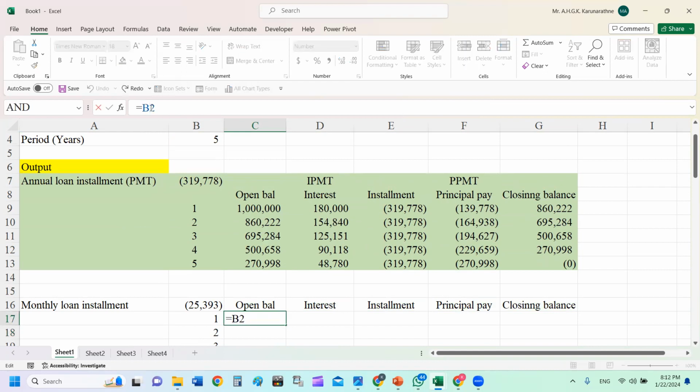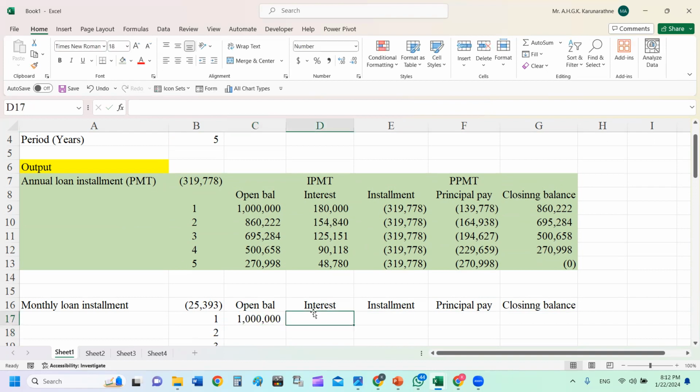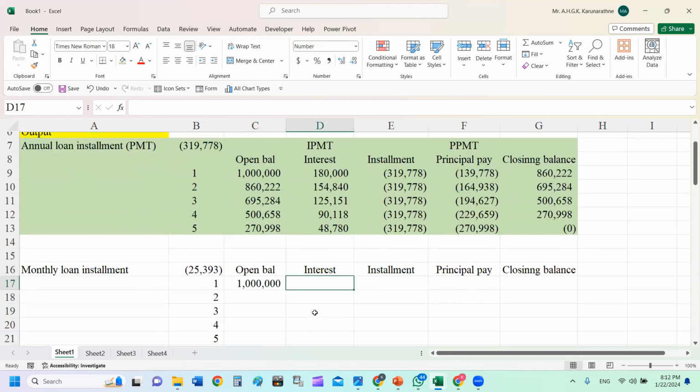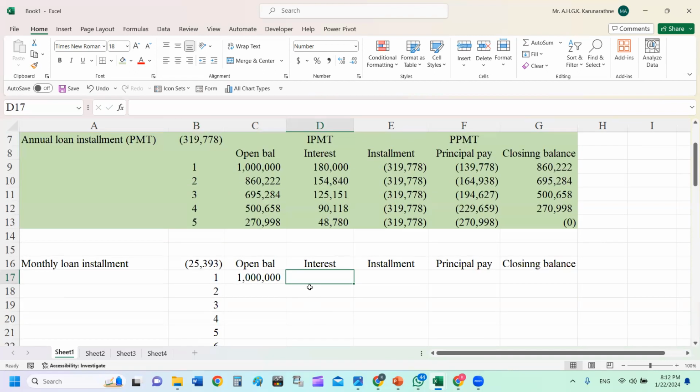Fix it, press F4. Right, these are the open loan balance. Interest charge. Now you are going to visit the bank at the end of the month. You are going to visit the bank to pay the installment at the end of 1 month.